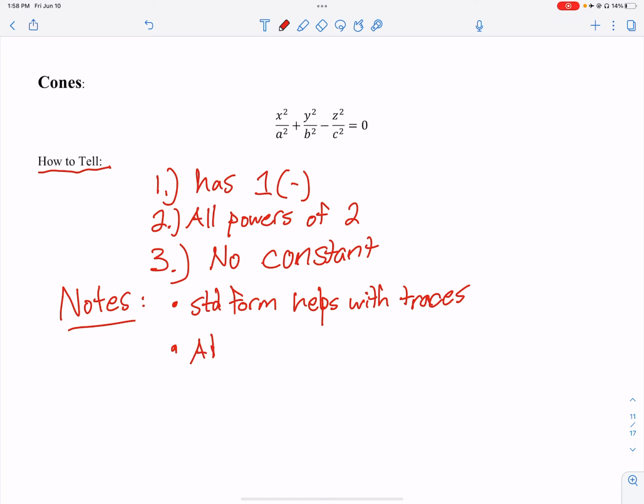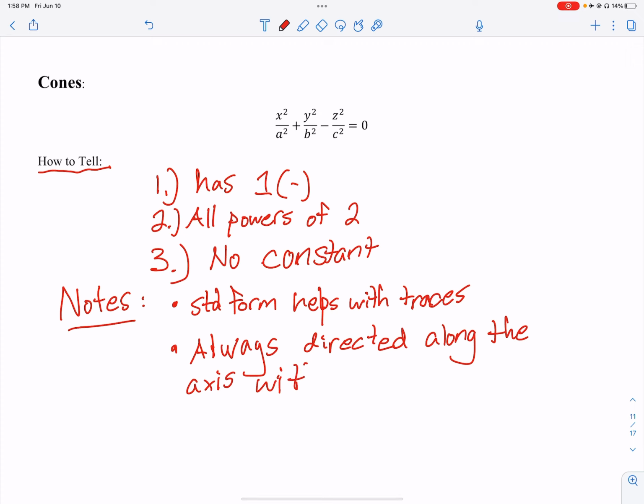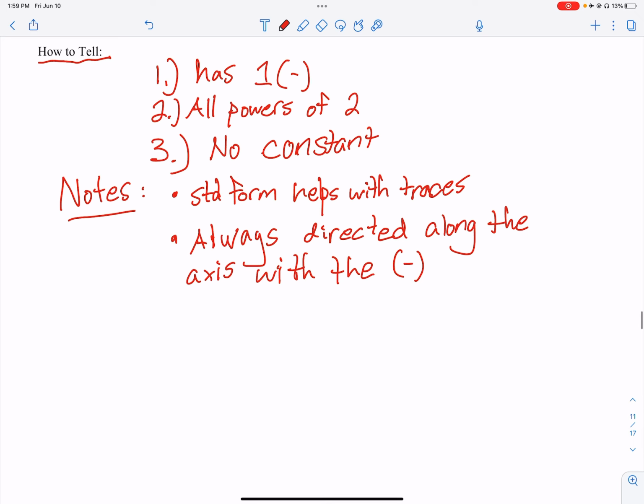It's always directed along the axis with a negative. Remember, it's always the odd man out, the one that's different than the others. Sorry, I was zoned out while I was writing.